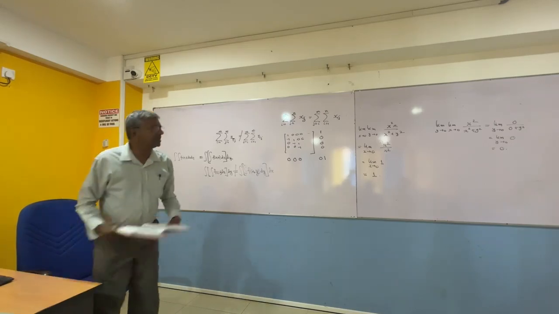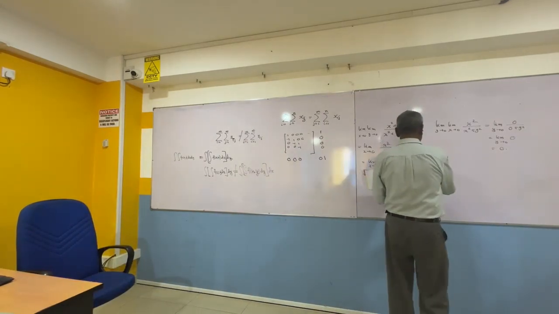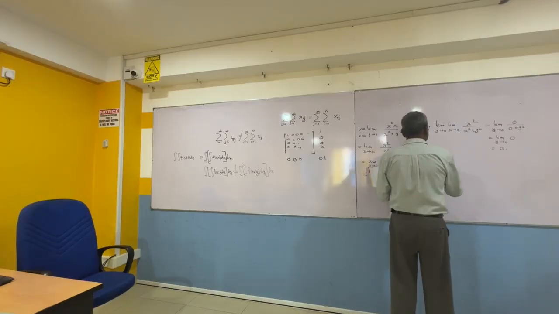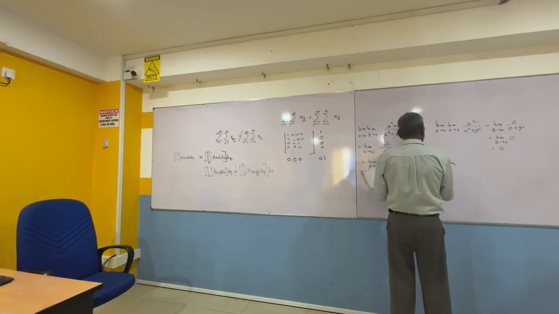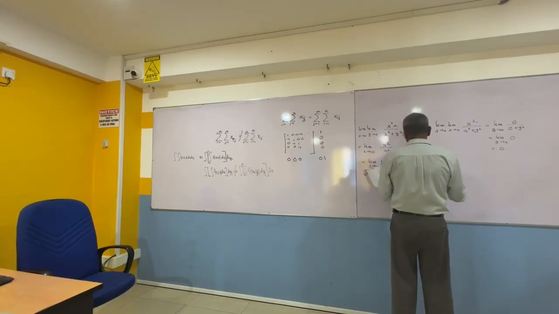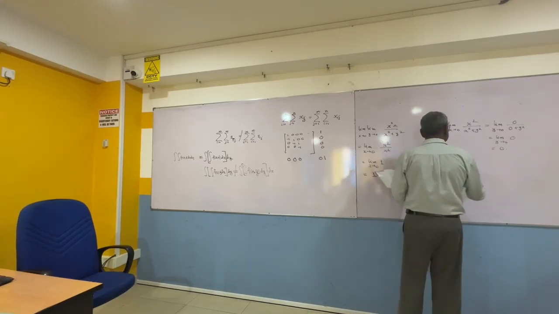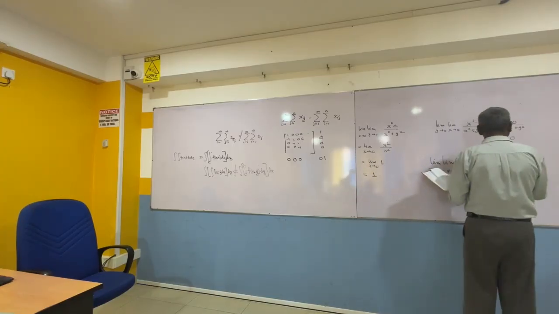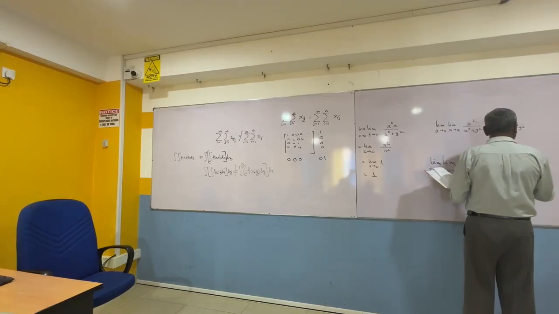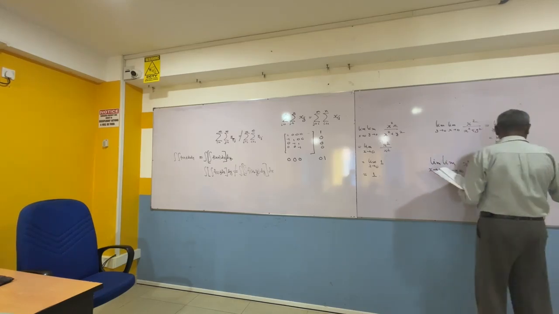Let me write that also. Limit x tends to 1 minus of limit n tends to infinity of x to the n. The other one is limit n tends to infinity of limit x tends to 1 minus of x to the n.